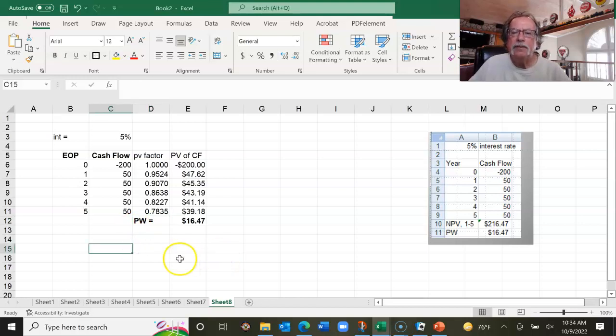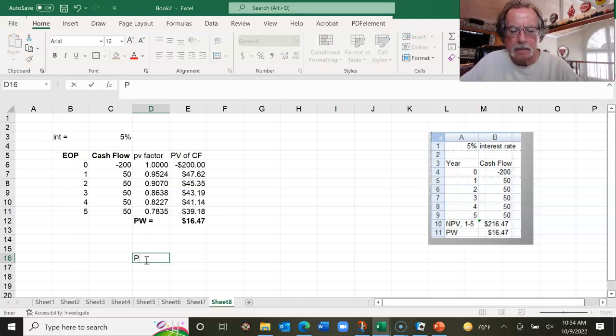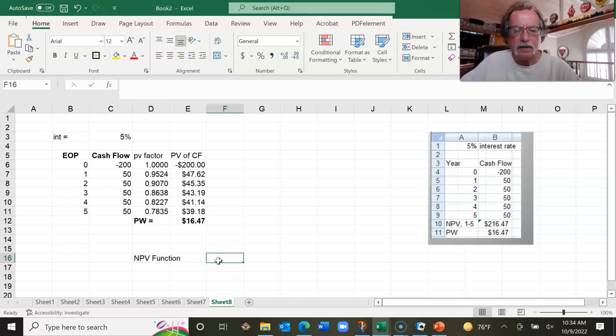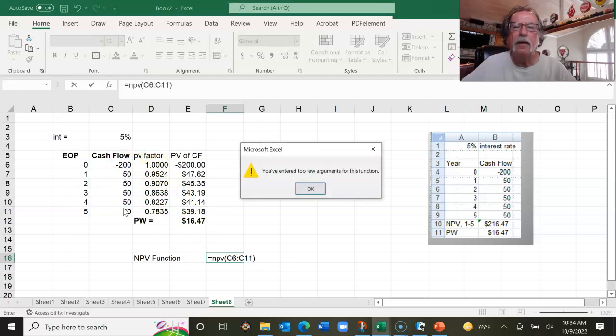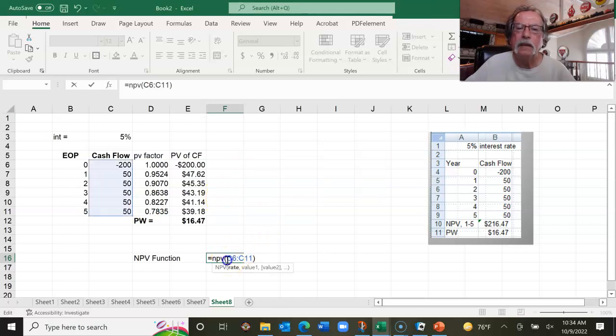Now, if you use the NPV function to find this answer, and you say equals NPV of this, I'll put the interest rate in.